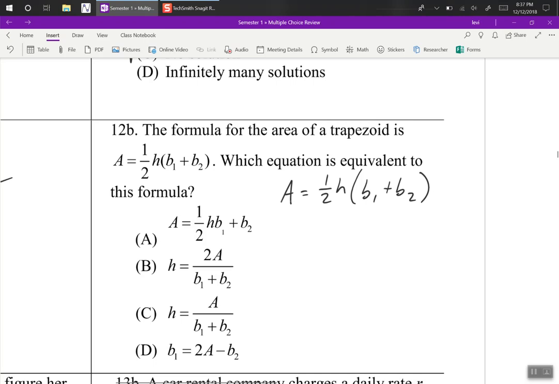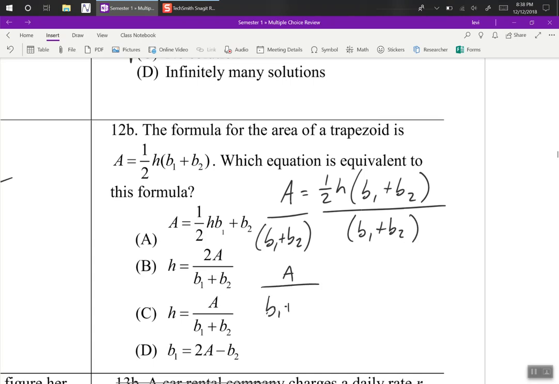We could divide the whole thing by the quantity b1 plus b2, because it's being multiplied by the h. So if we divide both sides by the quantity b1 plus b2, we get a divided by b1 plus b2 equals 1/2 times h.